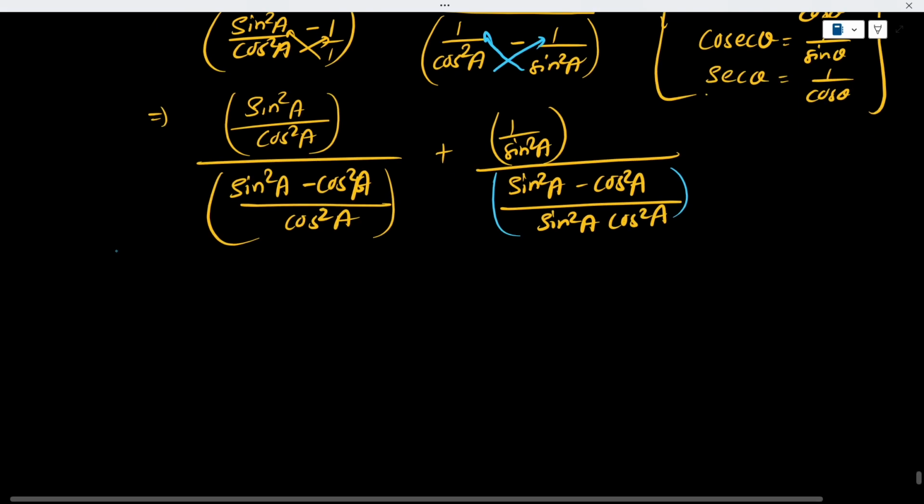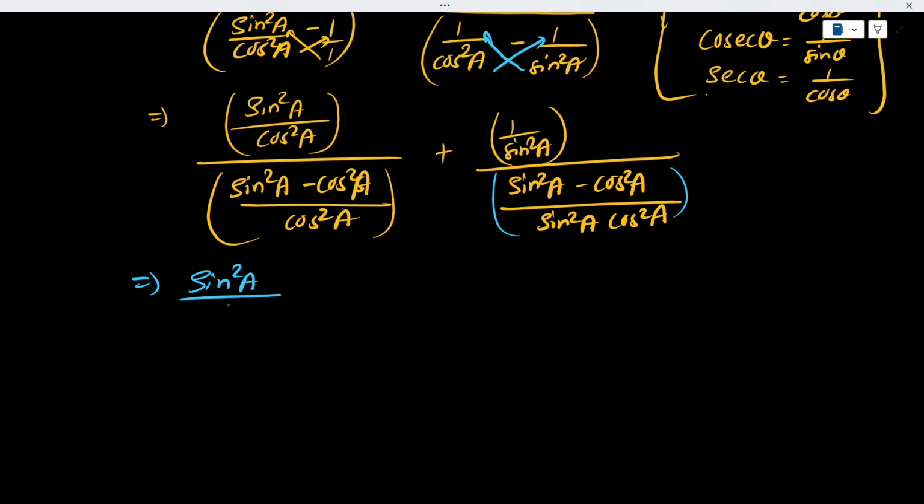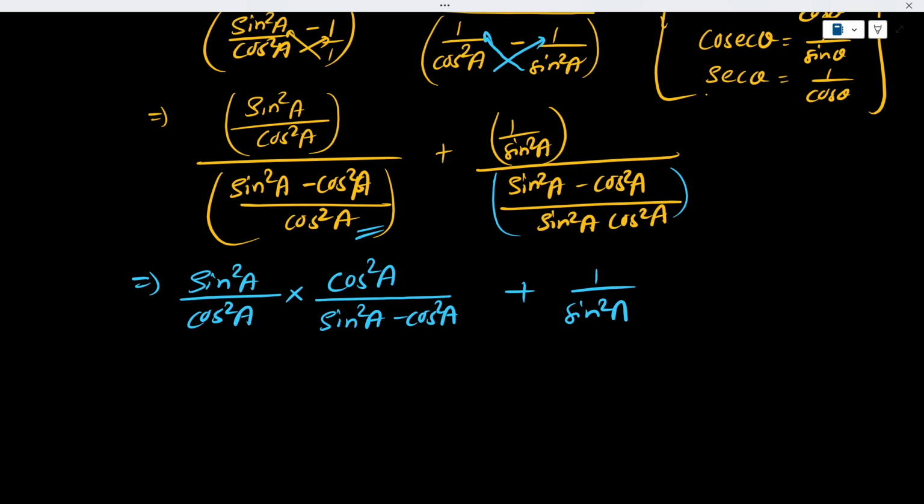We can take the reciprocation here of the denominator. So sine square A by cos square A times, here the denominator is going to be reciprocated: sine square A minus cos square A plus 1 by sine square A, right? Now what is your denominator will become numerator, because you are reciprocating the denominator.